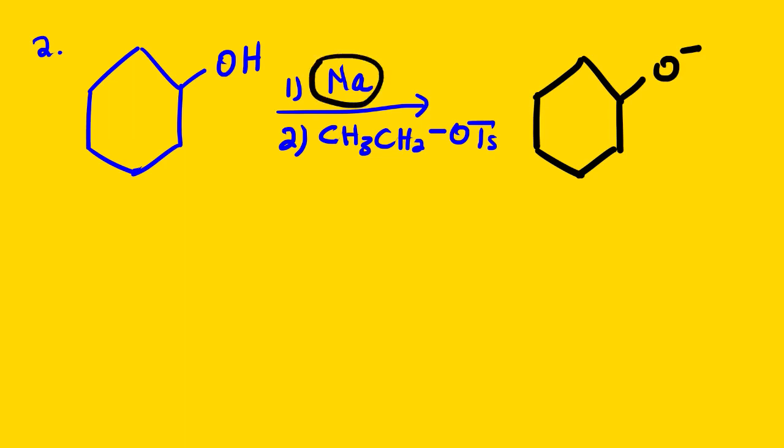By the way, this also serves as a metal hydride, but it uses a different mechanism whereby it donates electrons to hydrogen to form hydrogen radicals and repeat the very same process to form at least two equivalents of hydrogen, and then they form our hydrogen gas. But at the end of the day, it will form our alkoxide.